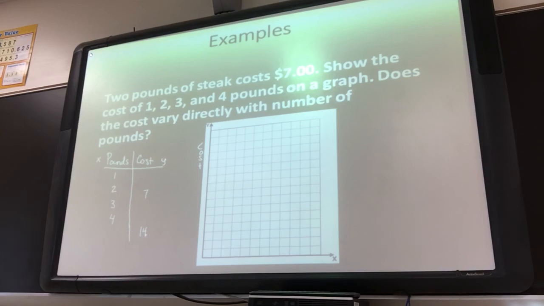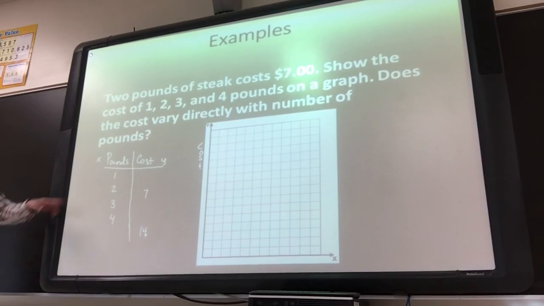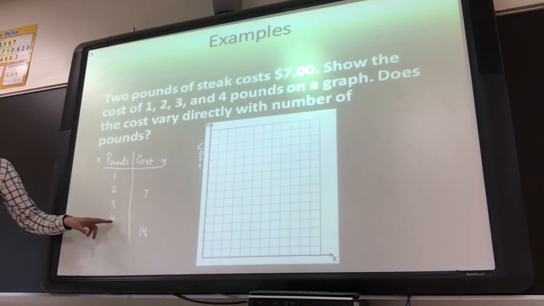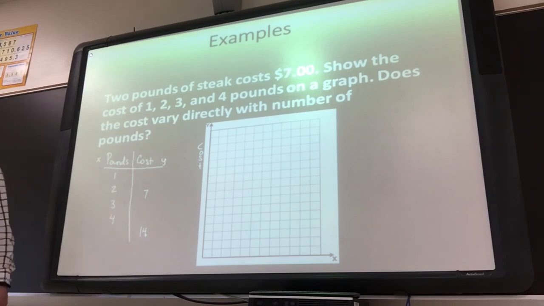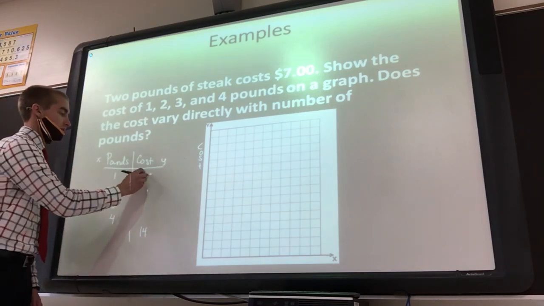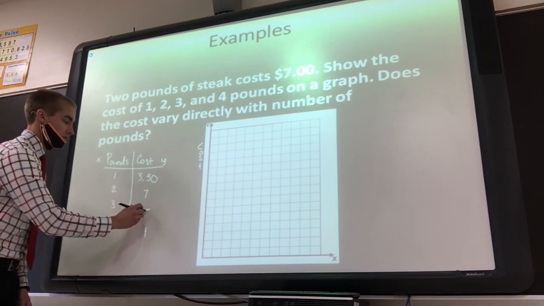Okay, so you've got pounds of steak and cost. Pounds will be X and cost will be Y. So 2 pounds costs $7. That means 4 pounds is going to be 14. So 1 pound is going to cost how much? $3.50. And 3 pounds? $10.50.